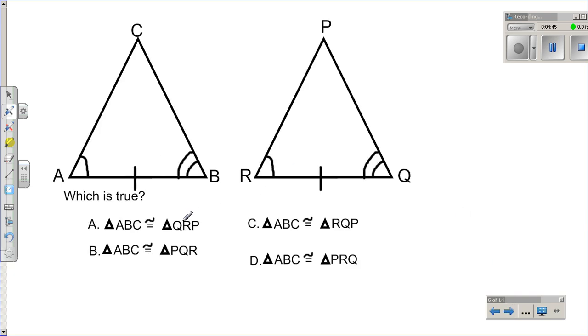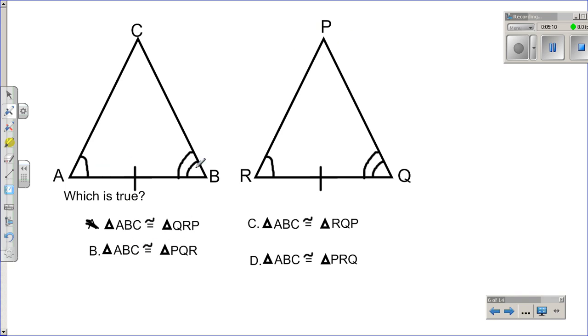Alright, this says which is true, and we have these different triangles marked. We've got to see which one's letters are true. Let's just check them one at a time. This first one says A and Q are the same. Well, A has one mark, Q doesn't. We can eliminate that one right off the bat. B says A and P are the same. See that?